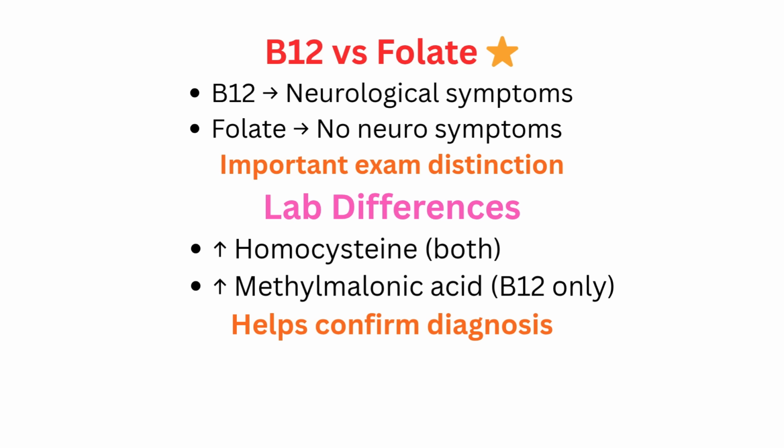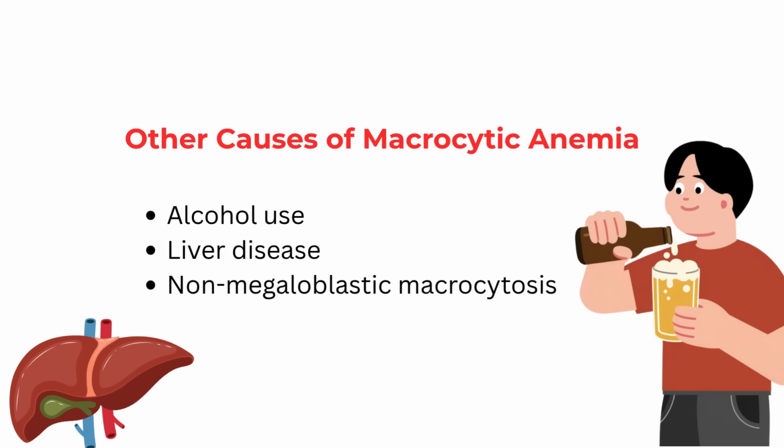This helps to confirm diagnosis. Other causes of macrocytic anemia include alcohol use and liver disease. Other causes include: 1. Alcohol use. 2. Liver disease. 3. Non-megaloblastic macrocytosis.